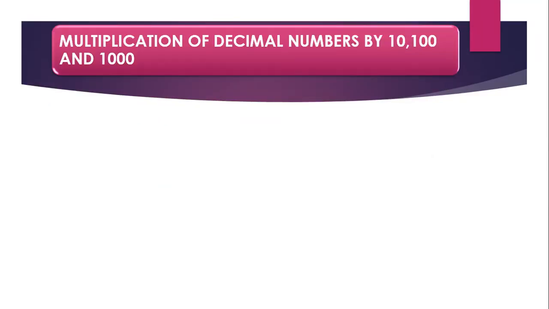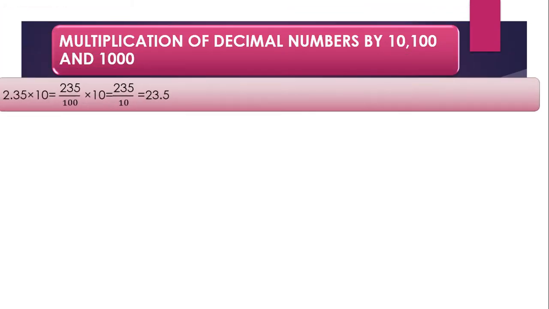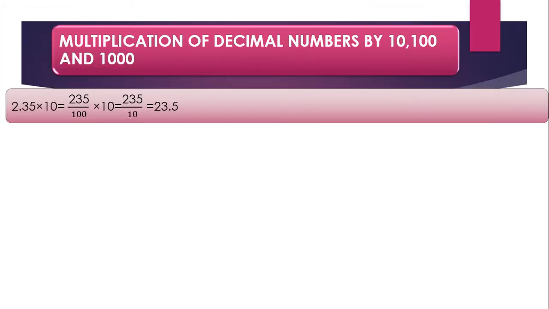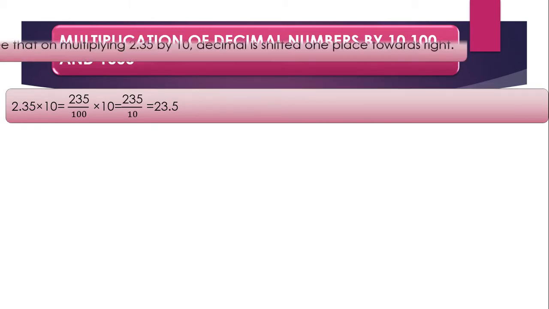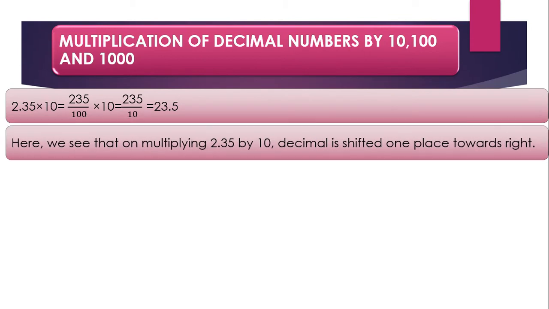Multiplication of decimals by 10, 100 and 1000. See here, example: 2.35 into 10 equals 235 by 100 into 10, that is equal to 235 by 10, equals 23.5. Here we see that on multiplying 2.35 by 10, the decimal is shifted one place towards the right.